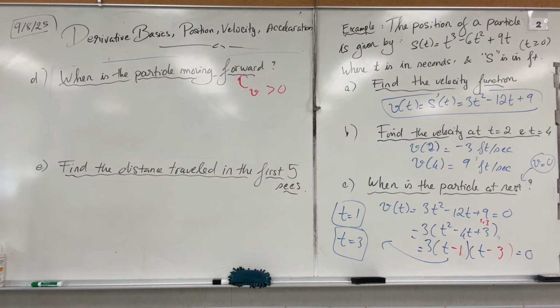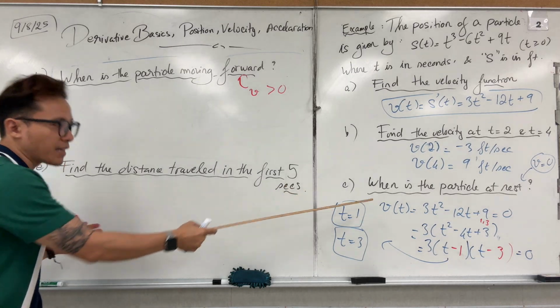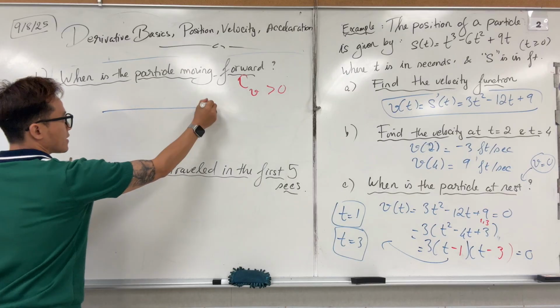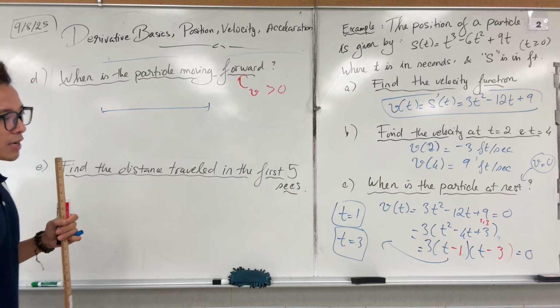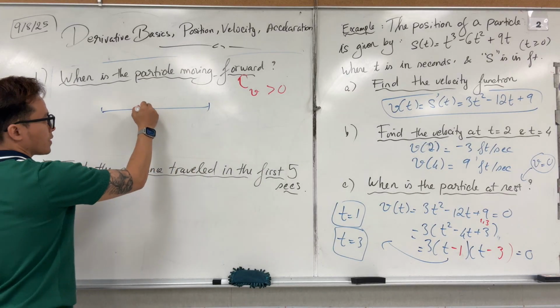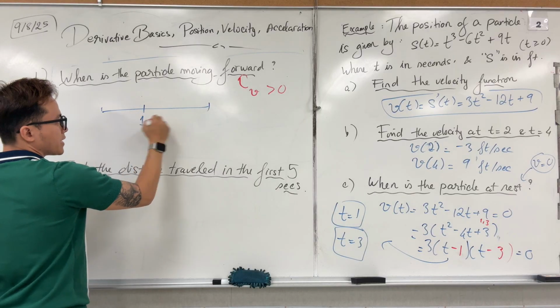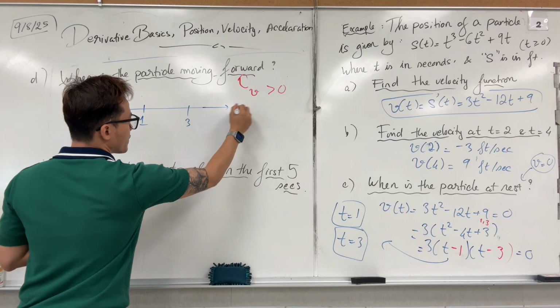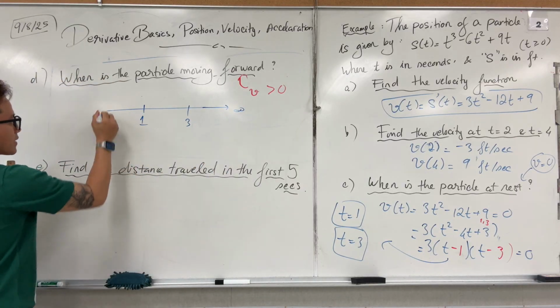Now, how do you know when v is positive? Then you need to do the sign chart. Which one is going to be 0? t equals 1 and t equals 3. That's going to be 0. This end goes to infinity, and this end goes to negative infinity.